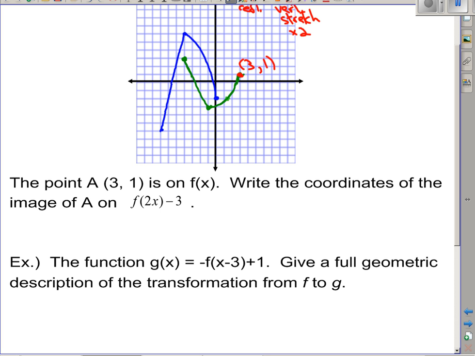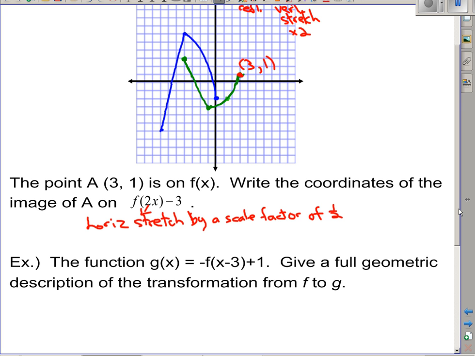Write the coordinates of the image of A on f of 2x minus 3. Think of what this is doing. The 2x is causing a horizontal stretch by a scale factor of, remember for horizontal stretches, it's going to be the reciprocal of that number, so by a factor of a half, meaning it's kind of half as wide out from the y-axis.